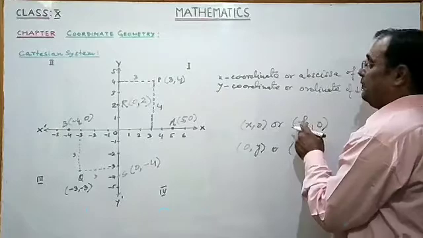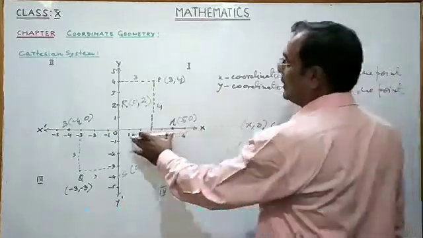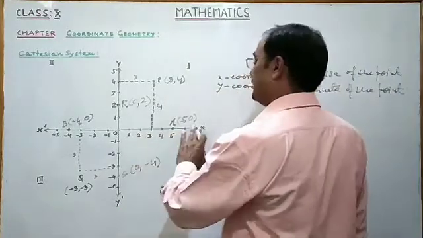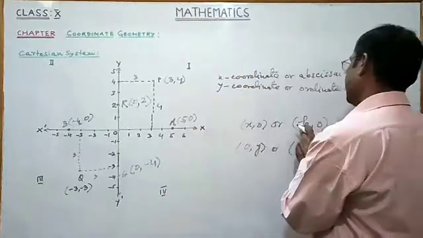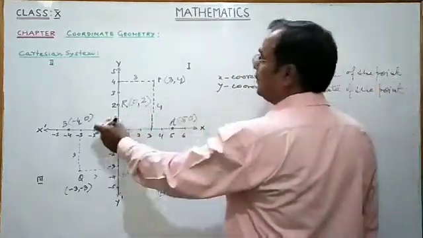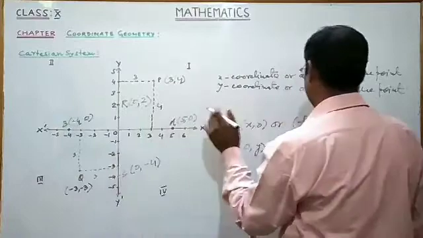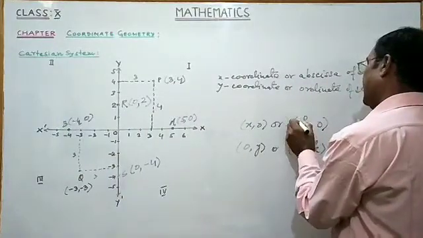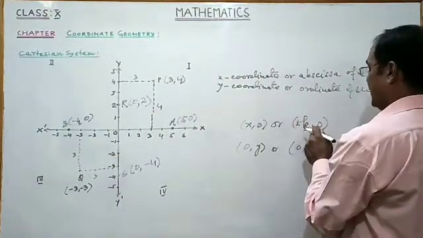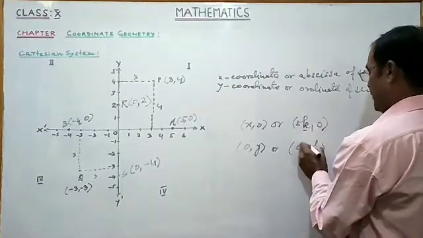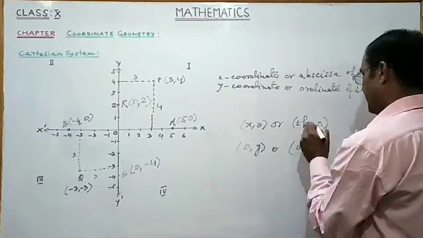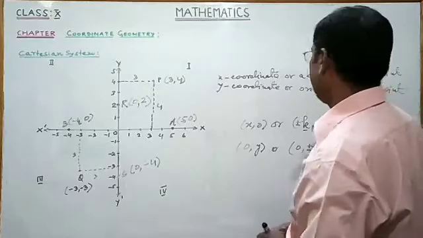If this point on the axis lies on the positive side, this k will be positive. If it lies on the negative side, it will be negative. So we can write (±k, 0) and (0, ±k) in a very general form.